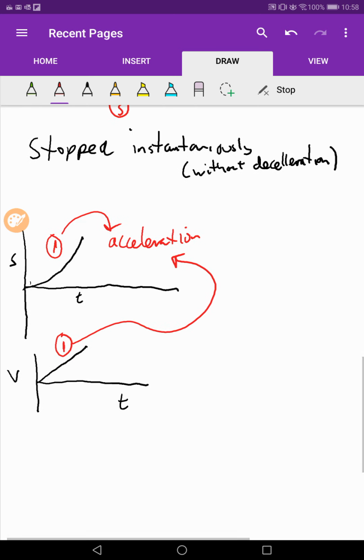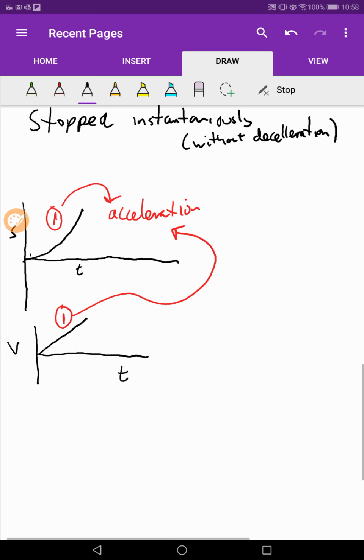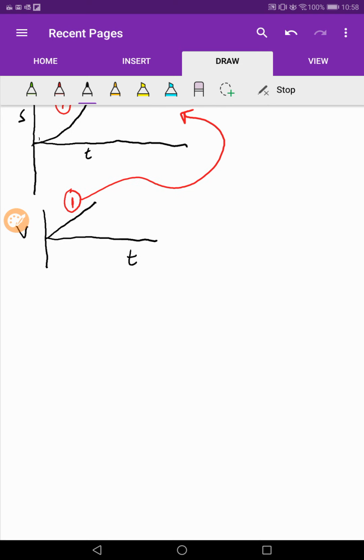But why is that? What is the relationship between S and V? Well, you know from maths that velocity is the rate of change of displacement with time.